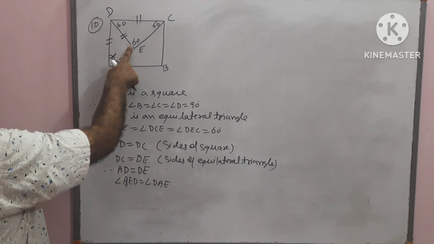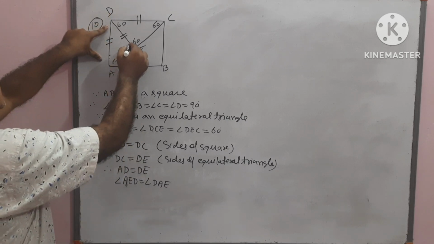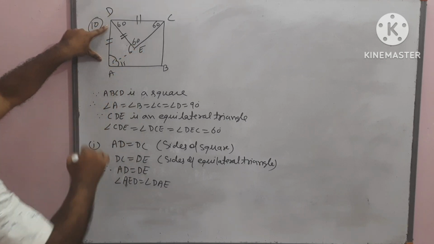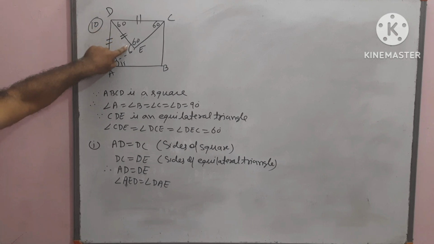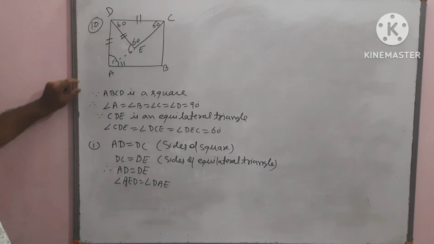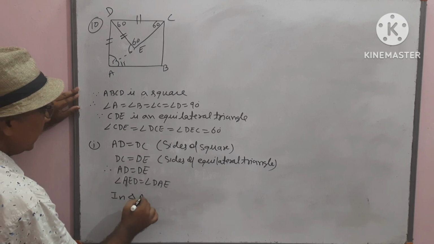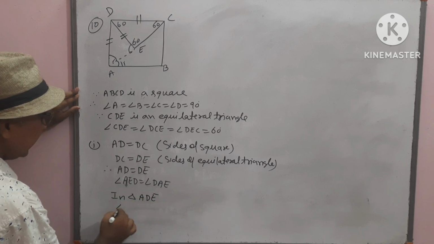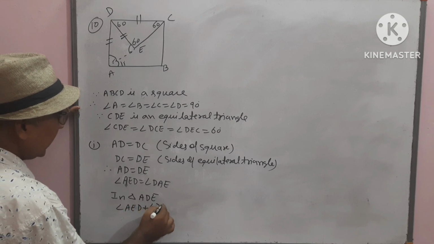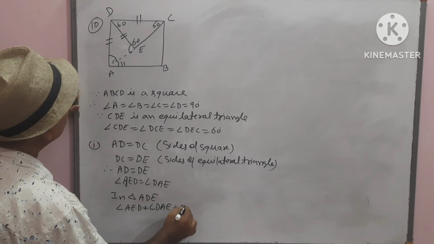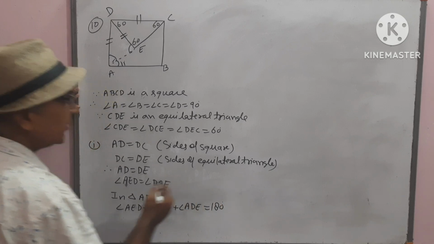Watch carefully this picture. If DE and AD are equal, then these two angles are called base angles. And out of these two, one angle we have to find. So see how to find it. In triangle ADE, angle AED plus angle DAE plus angle ADE is equal to 180 degrees.